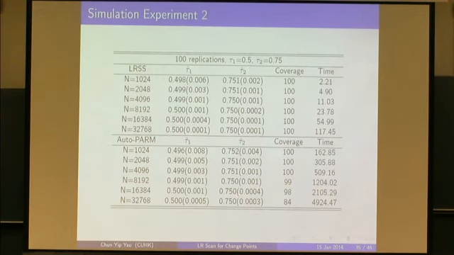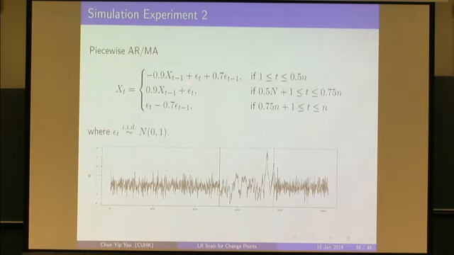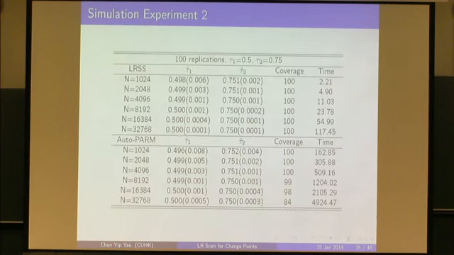And for the second time series, it's not actually AR. So it's ARMA changed to AR changed to MA, and so in this case, our coverage, which is the number of correct estimations of change points, is all 100. And for AutoPARM, when n is large, the performance becomes worse than ours, because AutoPARM is using the genetic algorithm, which is kind of an educated trial and error.